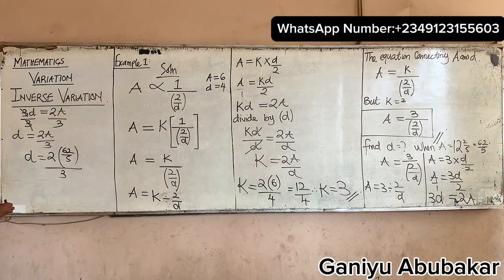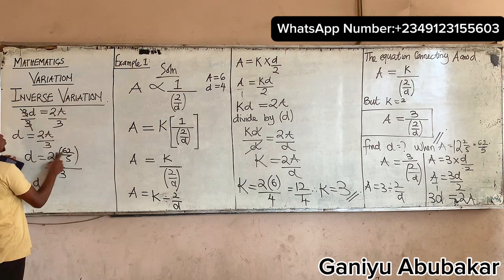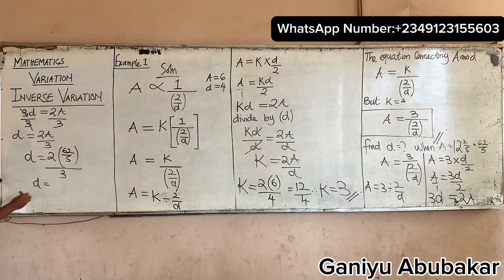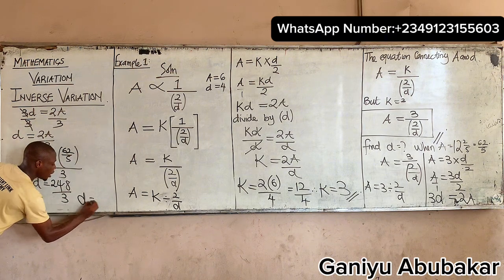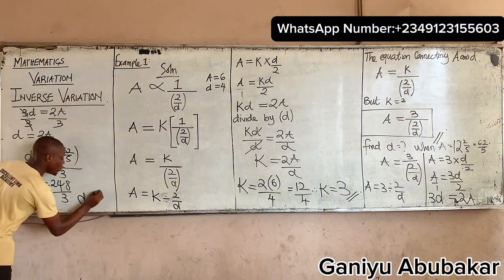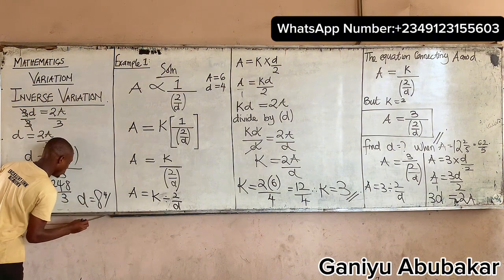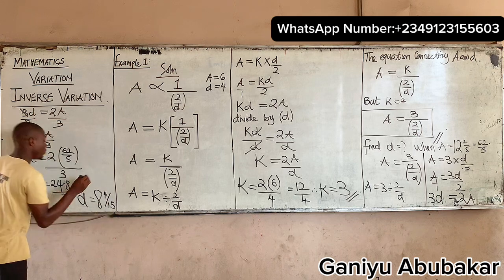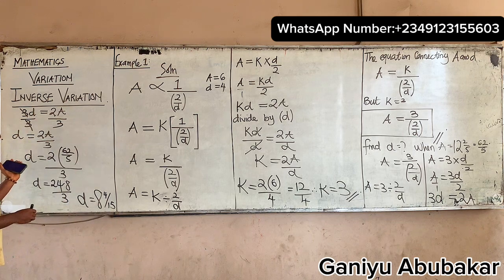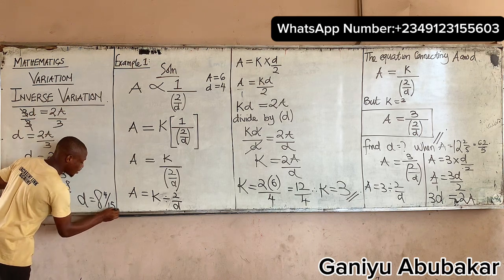From here, d is equal to, multiply this with this, I shall have 124 over this 3. From here, d is now equal to 8 whole number 4 over 15. So this is my answer, right?